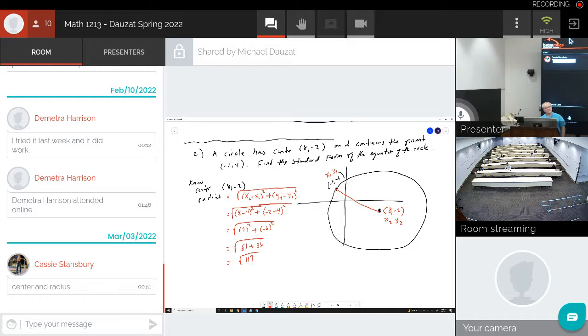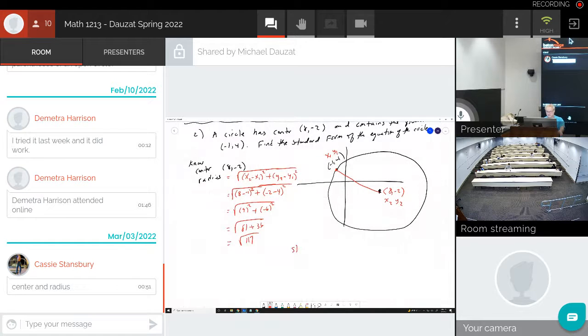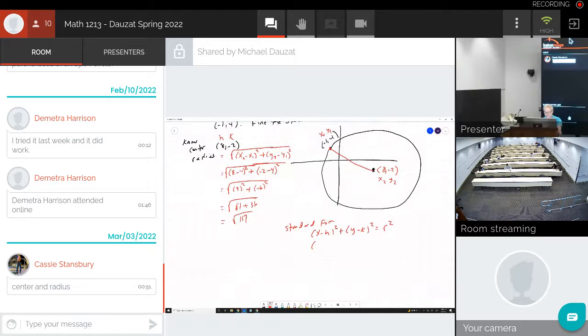And now we have enough information to find the standard form. So the standard form, remember, is x minus h squared plus y minus k squared equals r squared. So what's h in this case? What number represents h? 8. What number represents k? -2. All right, so I get x minus h, which is 8 squared, plus y minus k, which is y minus -2 squared, equals the radius.